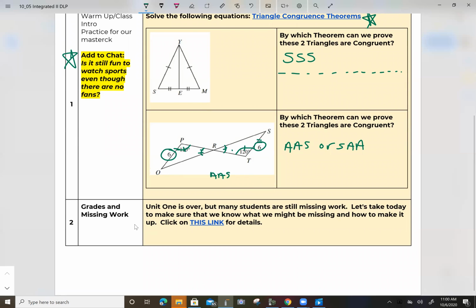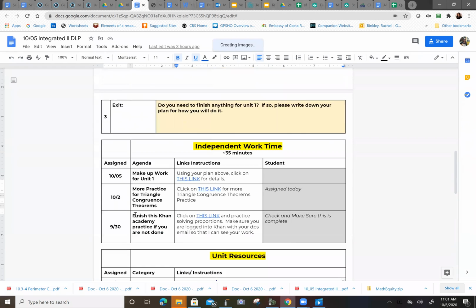All right, so here is where we were talking about unit 1 being over, but many students are still missing work. Let's take today to make sure that we know what we might be missing and how to make it up. Click on this link for details.